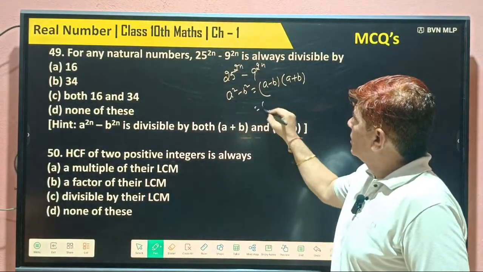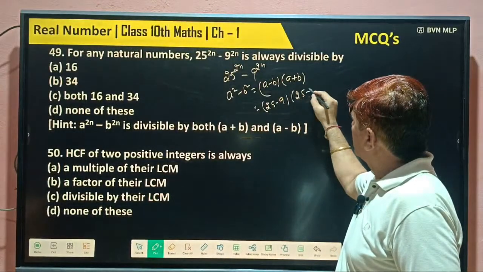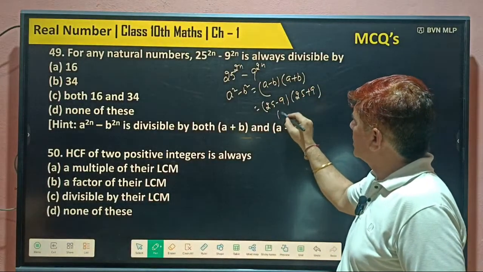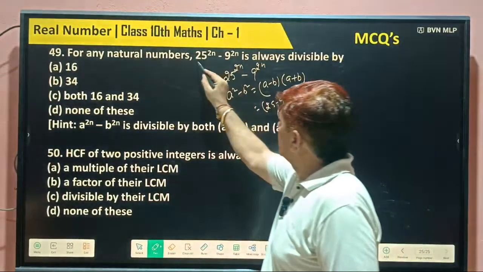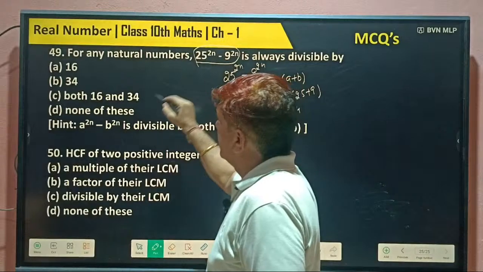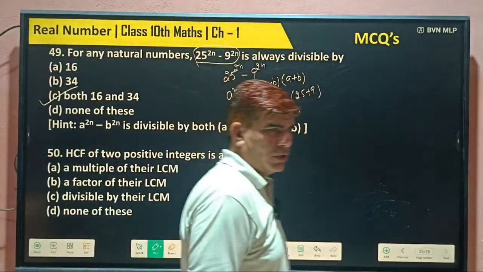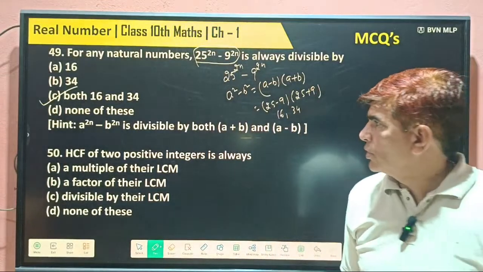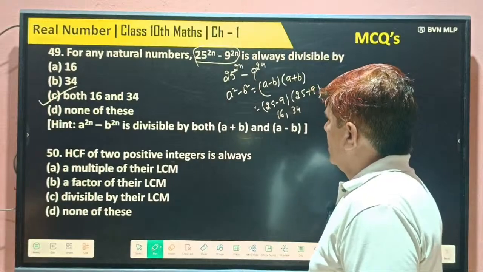So how much? 25 minus 9 and 25 plus 9. So it means 16, and this is 34. So this number must be divisible by both 16 and 34. Already told in the previous portion of this. Understood?